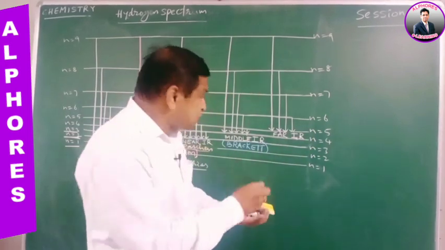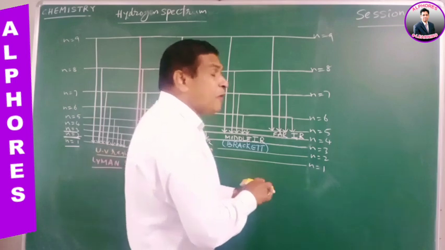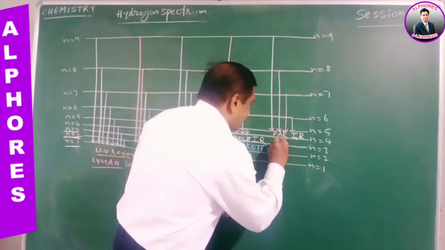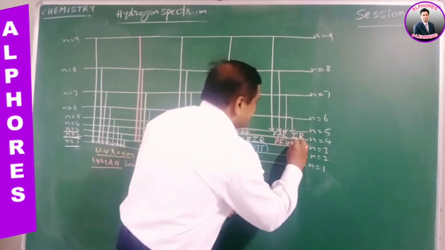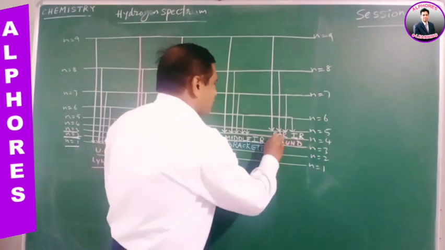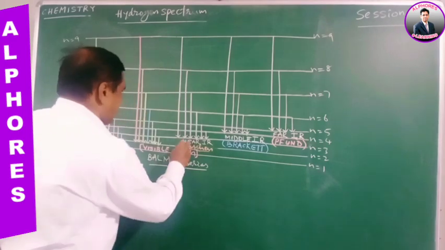The series of those spectral lines are named as Pfund series. They are named as Pfund series, like this.